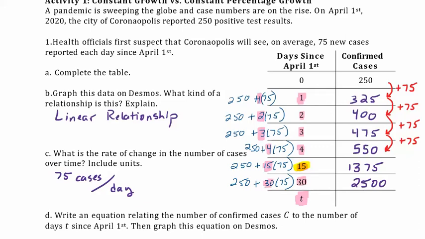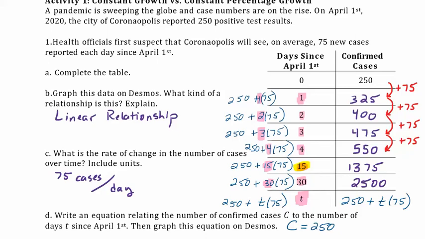When we had 3 days, 4 days, 15 days, 30 days, all right, so T days, if there were T days, then we'd have 250 cases plus T days times 75. All right, so that's going to be the number of cases that I'm going to write over here. I can't figure out exactly what it is. I can only write an expression for it because I don't know the exact number of days. It's just T days. All right, so the number of cases is going to be 250 cases.